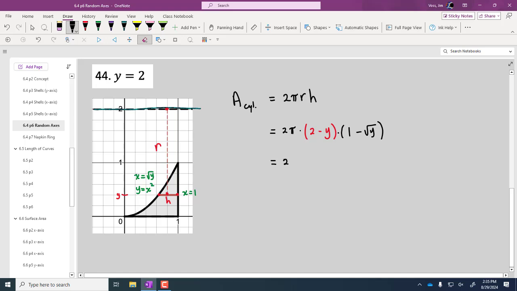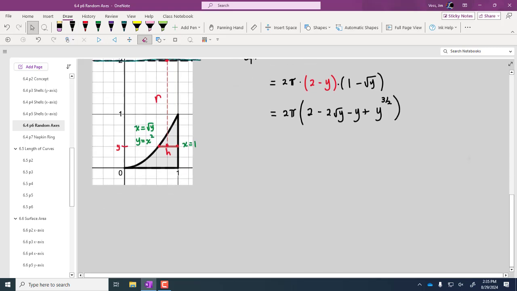In order to integrate, we're going to have to FOIL this out. We get 2 minus 2 root y minus y plus y to the 3/2.